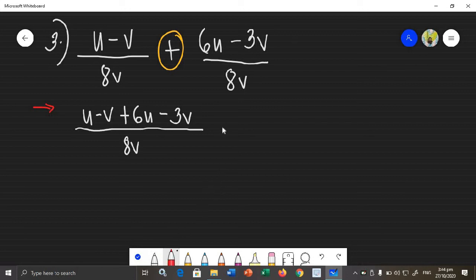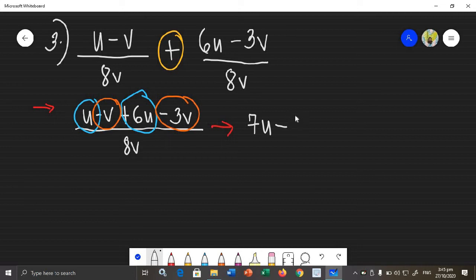Then right after that, the next step is to look for the common terms in the numerator that we can combine. So in this case, we can combine 6u and then u, as well as negative v and negative 3v. So u plus 6u, that is 7u. So negative v plus negative 3v, that is negative 4v, all over 8v.